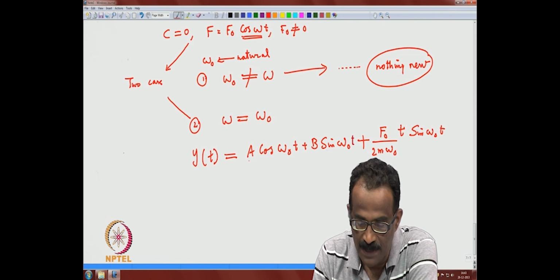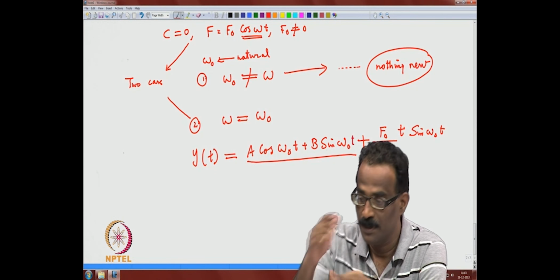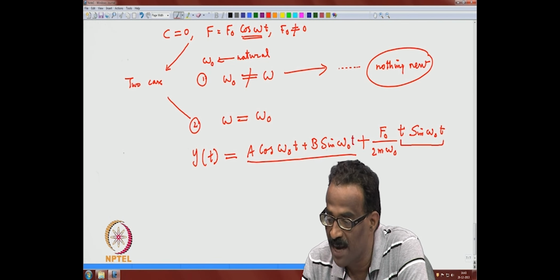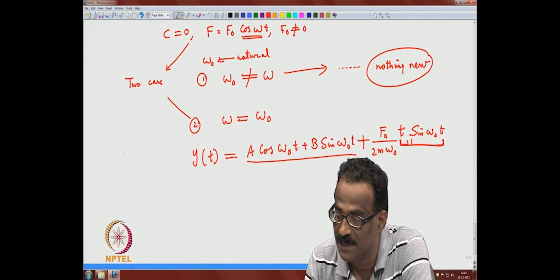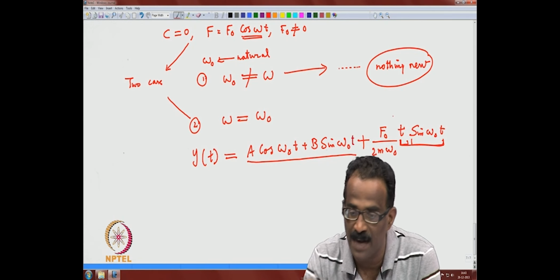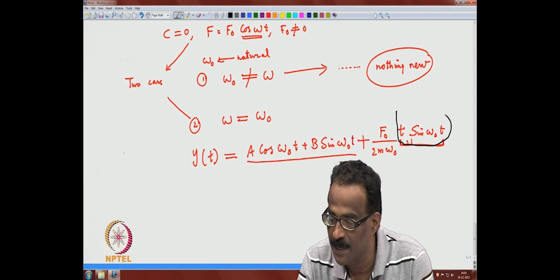Now look at this factor. This will oscillate without reducing its vibration amplitude, but here you see a factor that is not only oscillating: as t increases, the amplitude of this portion increases.